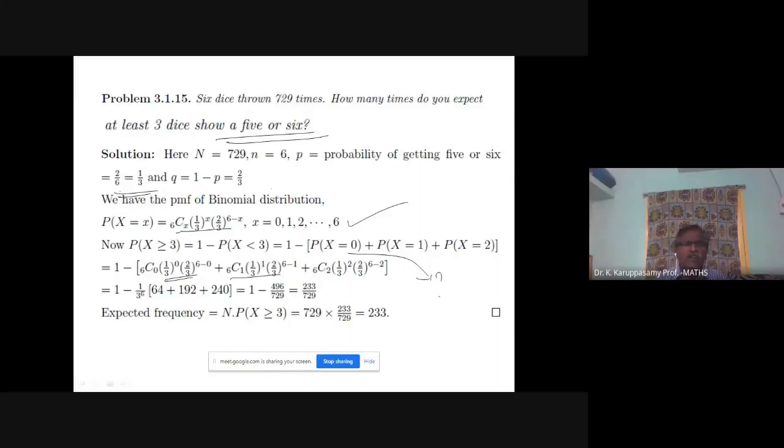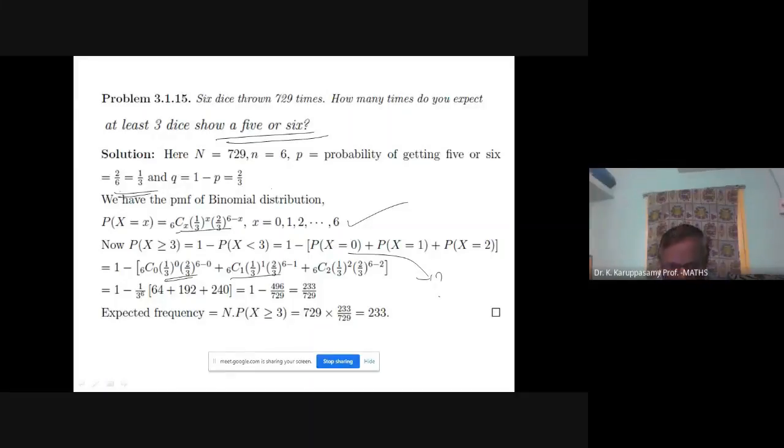So probability of x greater than or equal to 3 is 1 minus (64 plus 192 plus 240) divided by 3 power 6. Simplifying, 233 divided by 729.